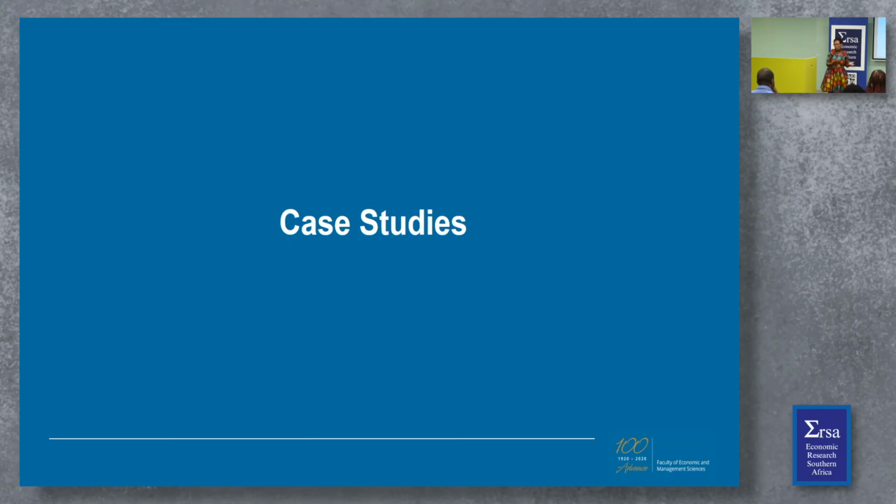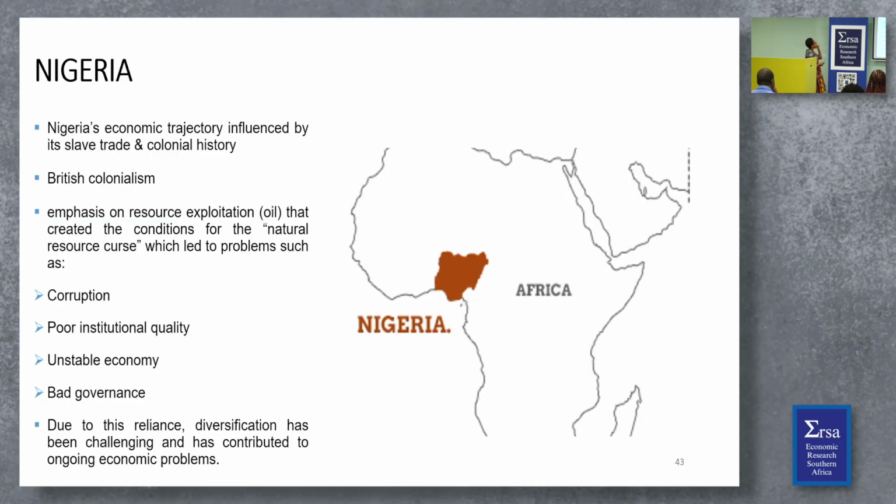So I want to end today with a few case studies on different countries in Africa and sort of their development paths. First one, obviously, Nigeria, colonized by Britain.